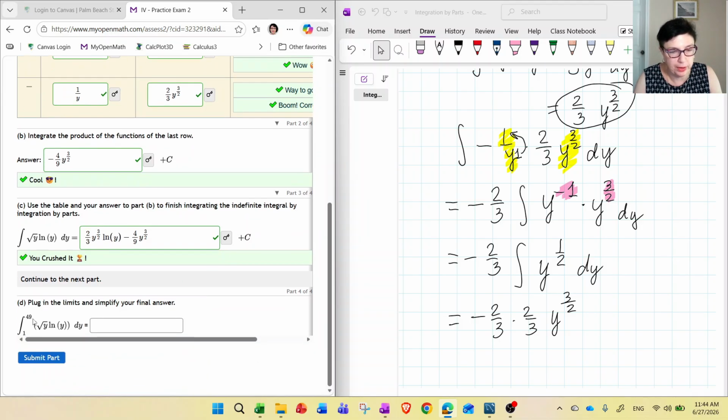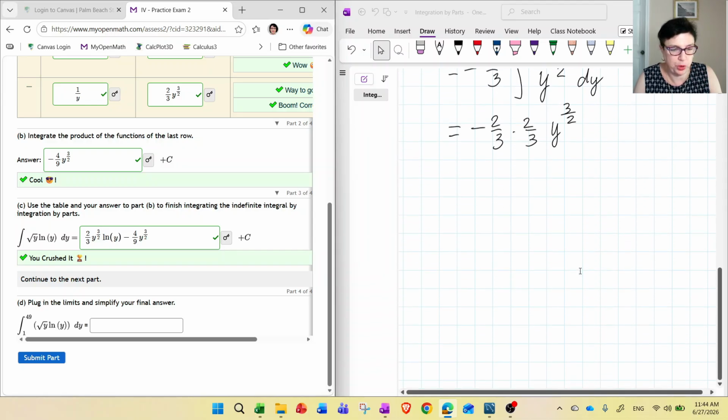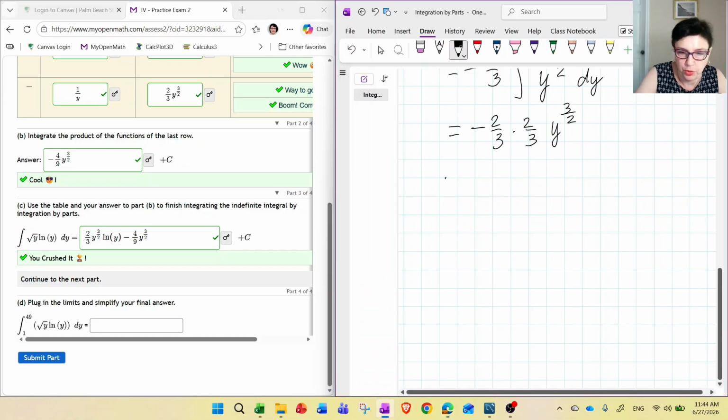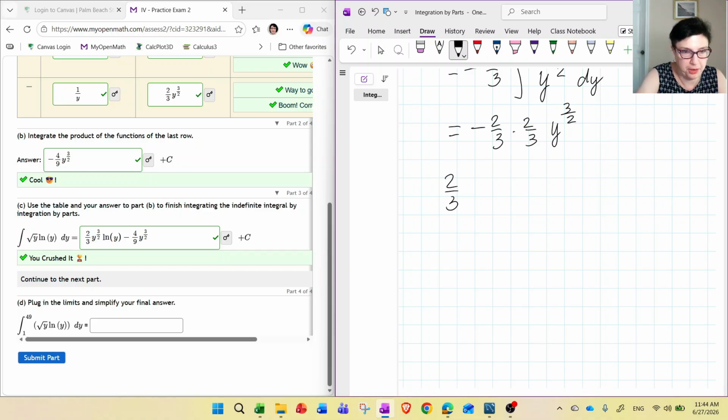Now, what happens with the definite integral? We are just going to substitute the limits. So let's see what happens. I'm going to have 2/3. Obviously, don't substitute in the integrand, we substitute in the answer, in the antiderivative. So whatever we got here, we are going to substitute the limits. First, we always substitute the top limit.